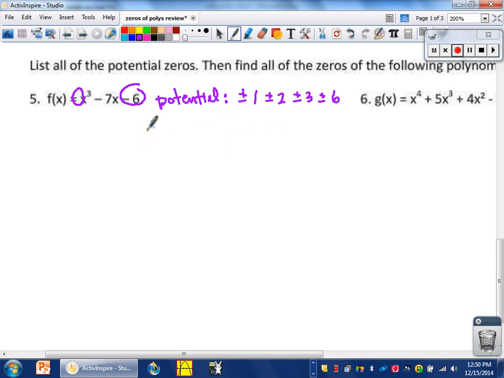Okay, so once you get your potential zeros, we do synthetic division to find an actual zero by looking for a remainder of 0. So let's account for all of our things. Here we have our x cubed coefficients, x squared, x, and your number.